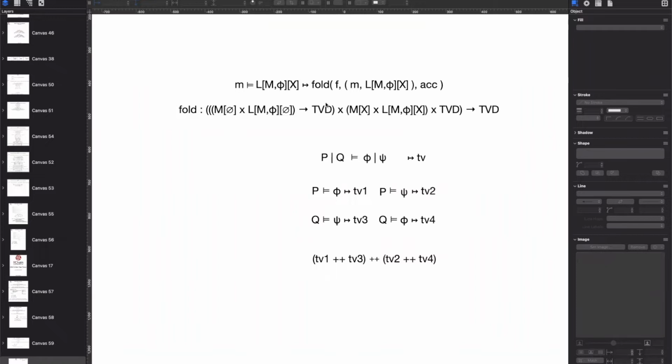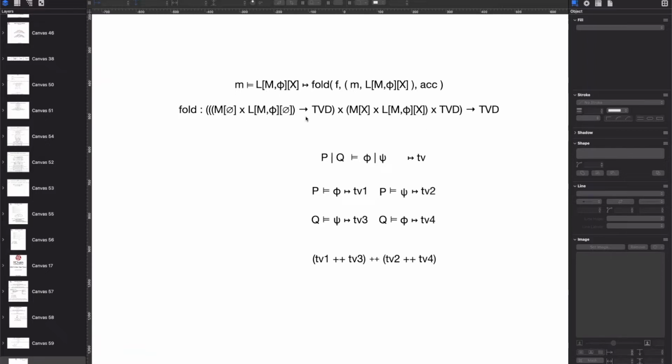And so then what we need is to provide a truth value for those ground things. So this first argument, F, which is of this type here, is going to provide the truth value when we hit bottom. And then we need our term and our predicate, and then we need some initial truth value. So this is our accumulator, just like a usual fold.